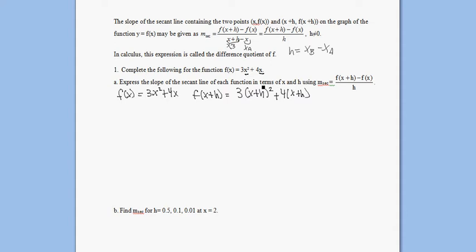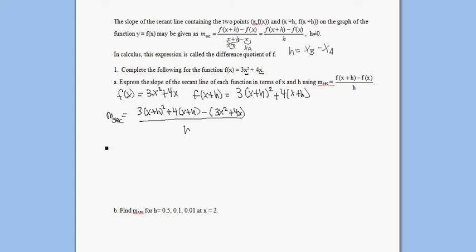So here's the beginning part of my formula, and then here's the second part. So the slope of my secant, this is another slope of the secant generating function, just a different form, is equal to 3 times the quantity x plus h squared plus 4 times the quantity x plus h minus the quantity 3x squared plus 4x. I'm going to put that all over h.